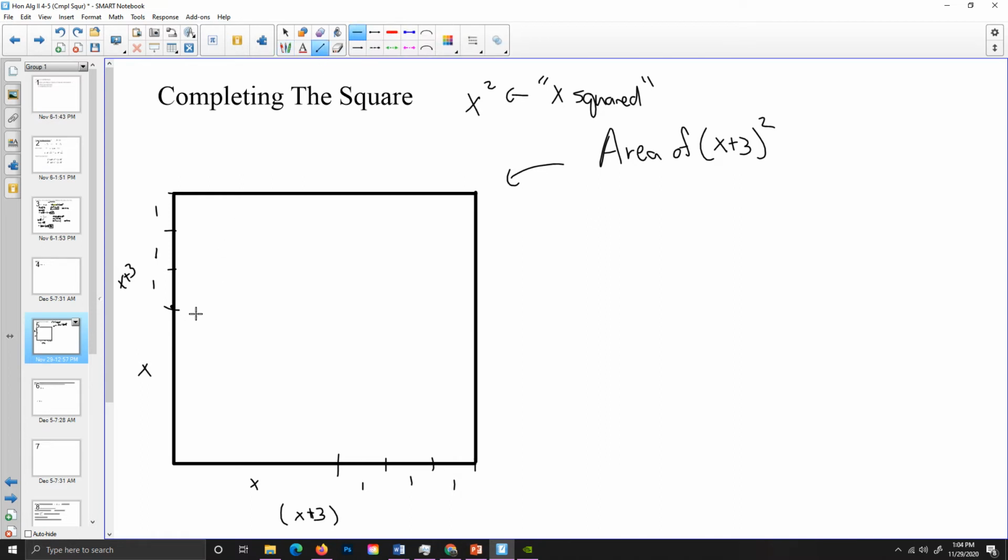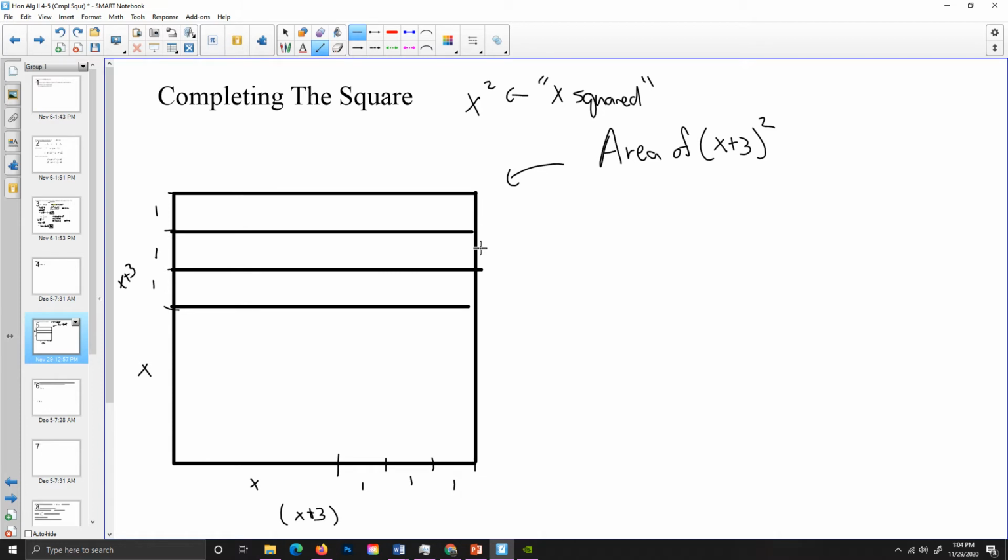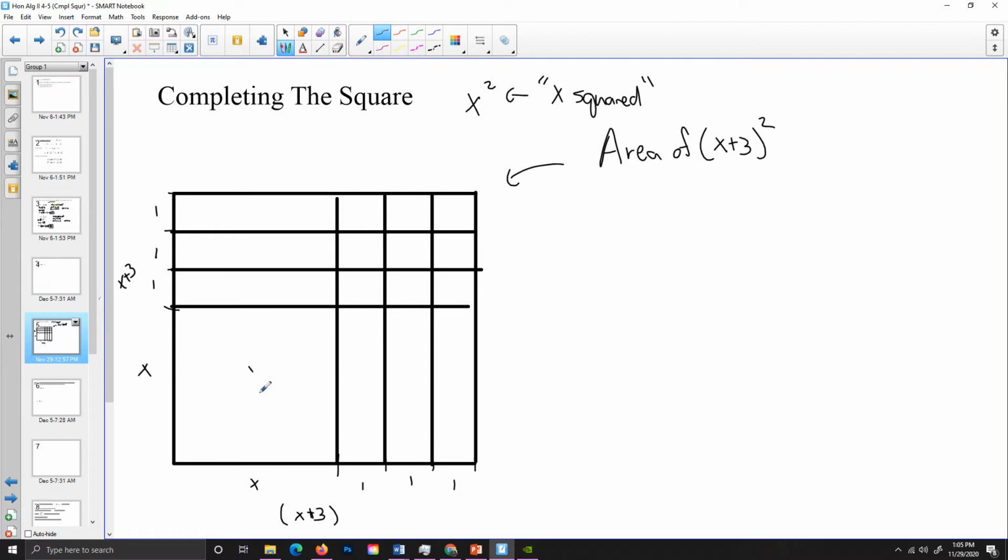If I connect my segments here like this, then the area is not only the x plus 3 quantity squared, but it is also the sum of the areas of all of these rectangles. Now this rectangle right here is just x squared, and then this rectangle will be x times 1, which will be x.